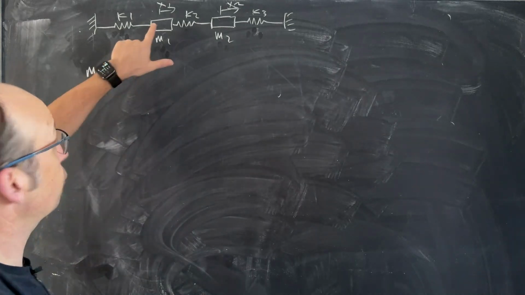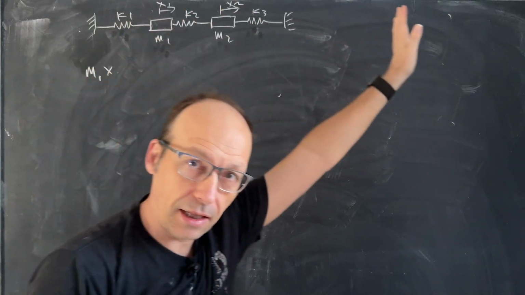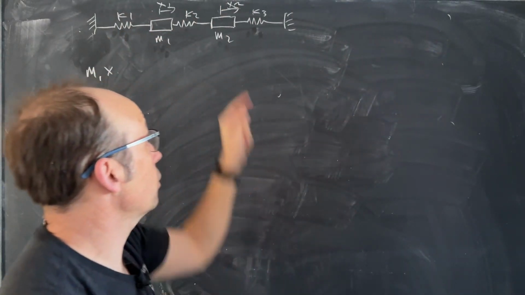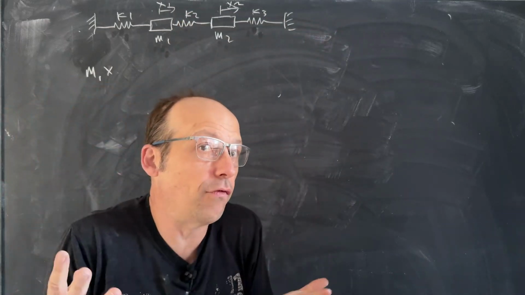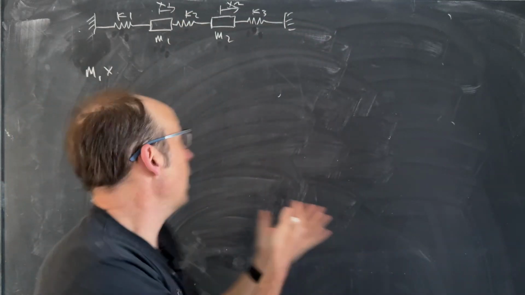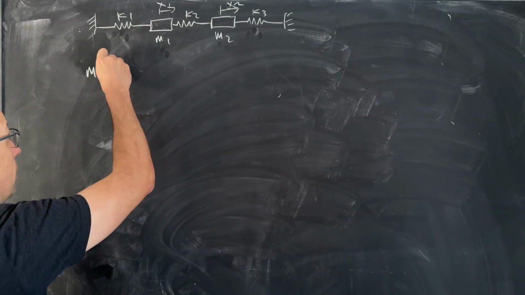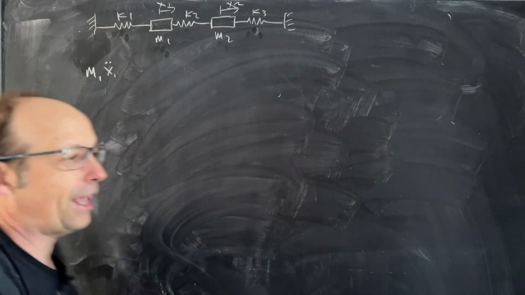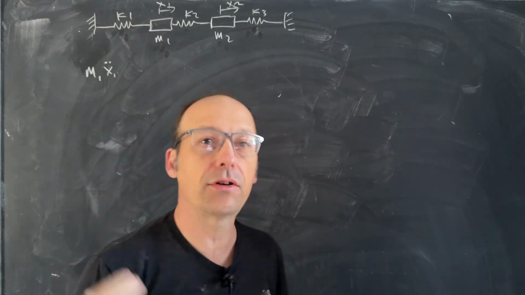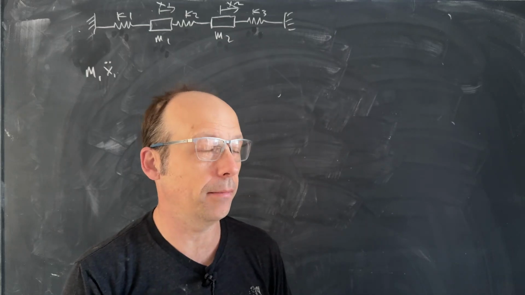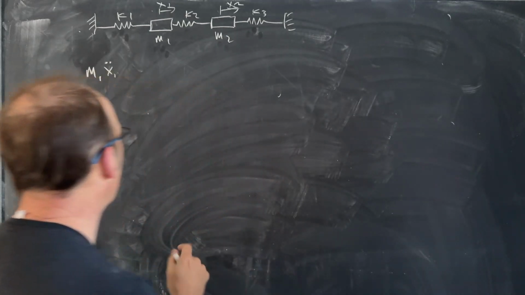So x1 is the distance that mass 1 moves in the positive direction, and that's in the positive direction too. So those are my two variables. And then when I say x1 double dot, that's the acceleration, right? So dot notation means derivative with respect to time. Hope you're okay with that. We're going to move on.